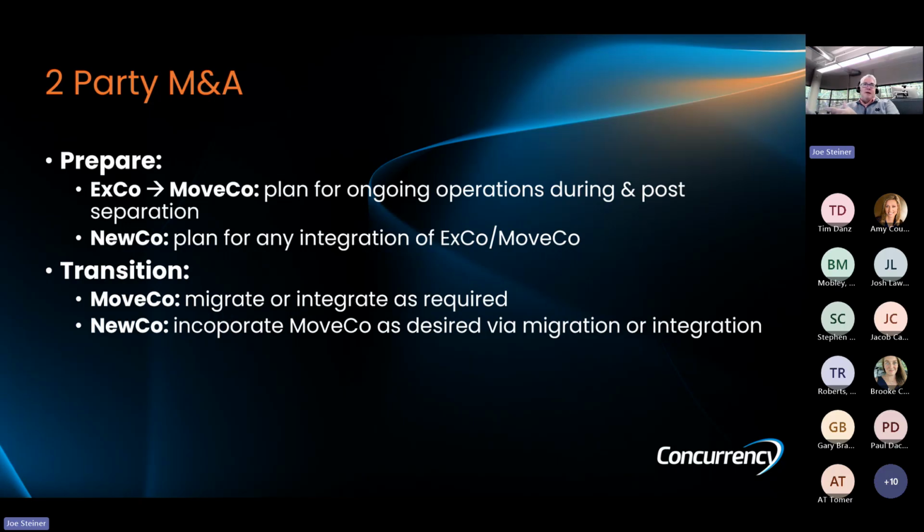What is it that I need to be thinking about that they're doing or they're expecting or that they're going to be providing? And so it really has that shift of a mindset to what MoveCo is in that kind of traditional three-party M&A. The transition there, again, migrating, integrating, and then NewCo's focus is still the same there.